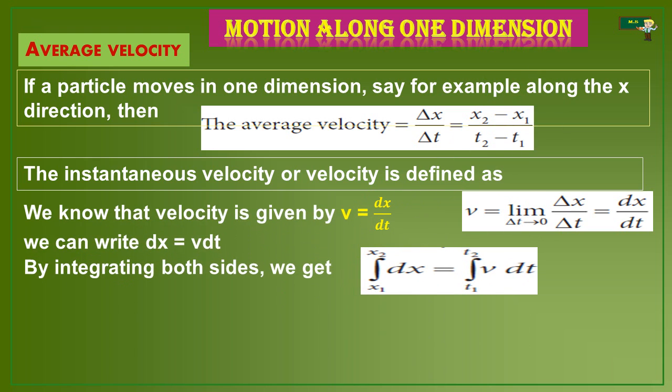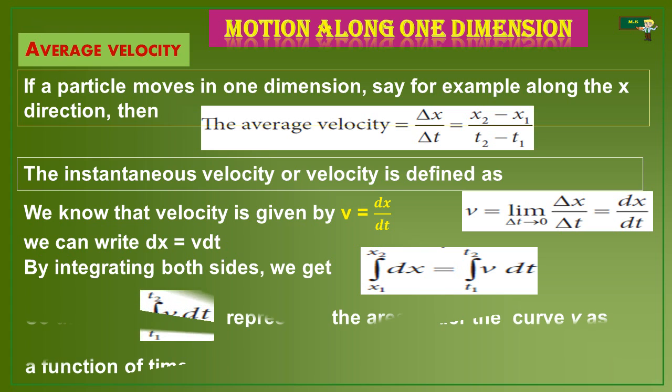We know that velocity is given by v is equal to dx by dt. Here dx is the displacement and dt is the time taken. We know dx is equal to v into dt. By integrating both sides, that means the dx side and the v dt side, we get the integration from x1 to x2 of dx is equal to the integration from t1 to t2 of v dt.